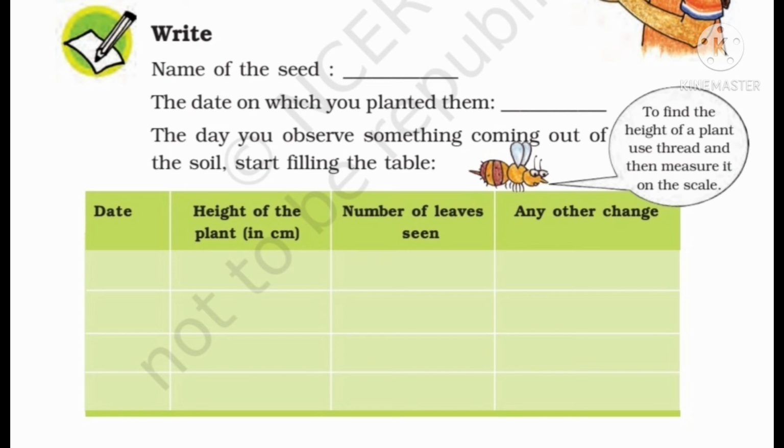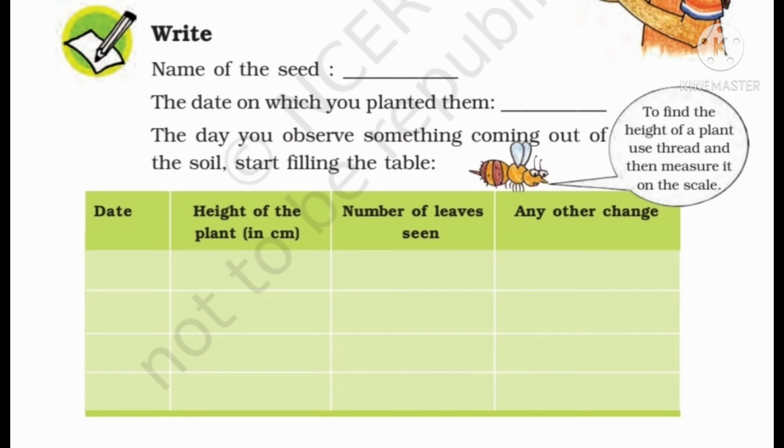The day you observe something coming out of the soil, start filling the table. The table includes date, height of the plant in centimeters.